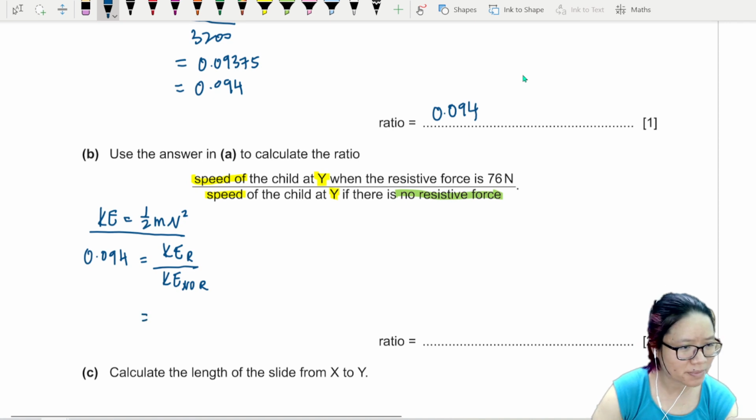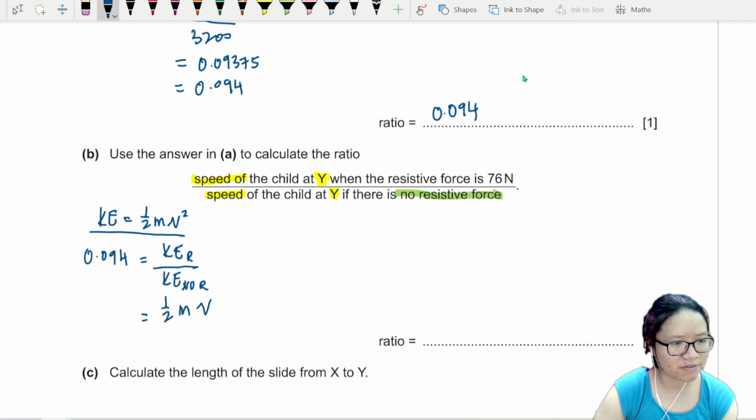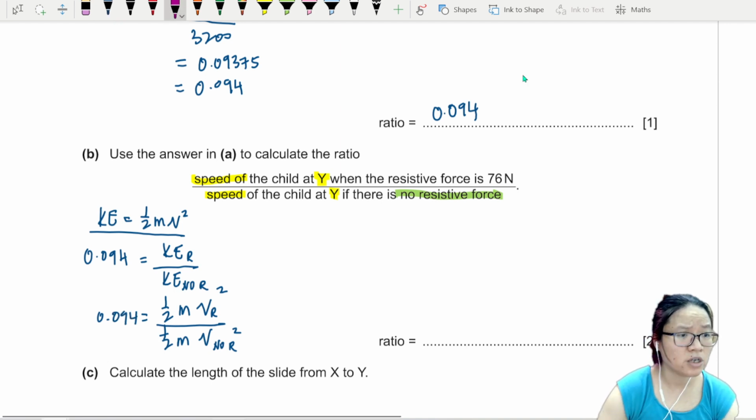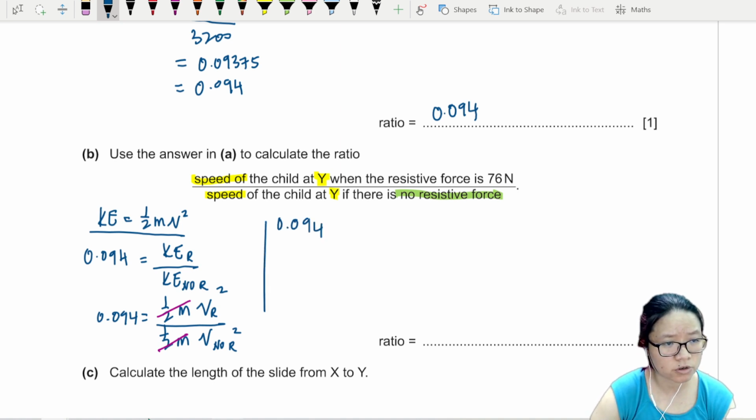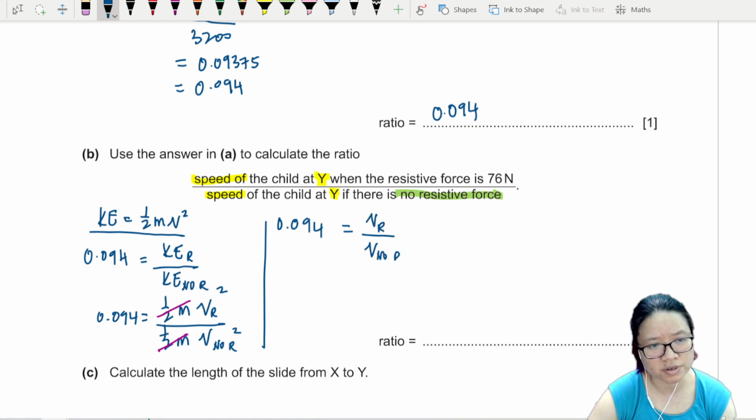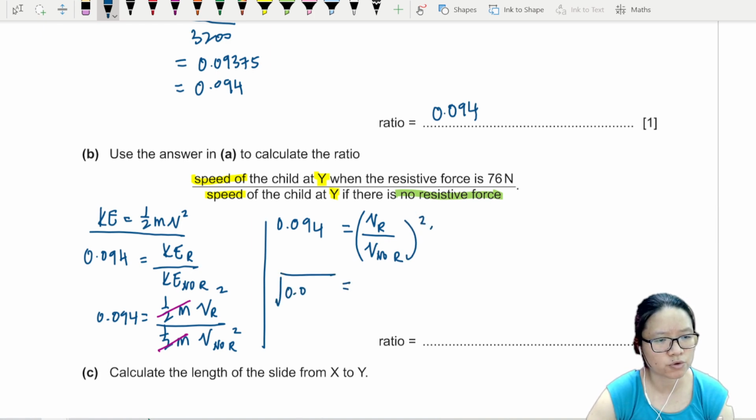So this is half m, the speed with resistance squared, divided by half m, the speed with no resistance squared. The half m and half m can go away, because it's the same child, it will have the same mass. So what I now have left is 0.094 equal to Vr over the velocity of no resistance, squared.